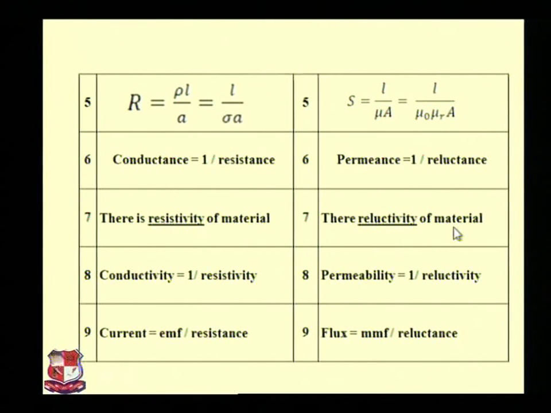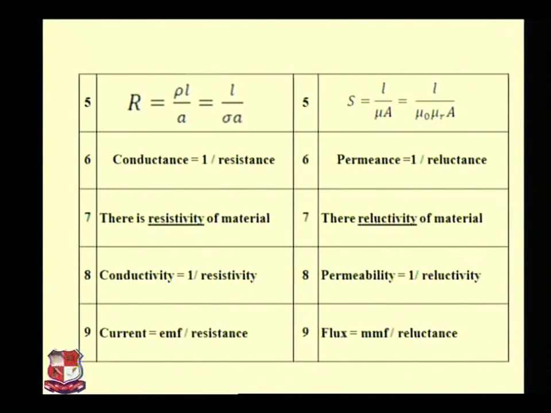Point 7 is important: material in an electric circuit has some resistivity, while material in a magnetic circuit has some reluctivity. In the same way we can define conductivity as the inverse of resistivity, and similarly permeability is the inverse of reluctivity. So both are comparable terms: conductivity and permeability are the reverse of resistivity and reluctivity.